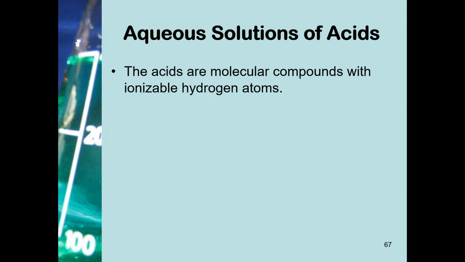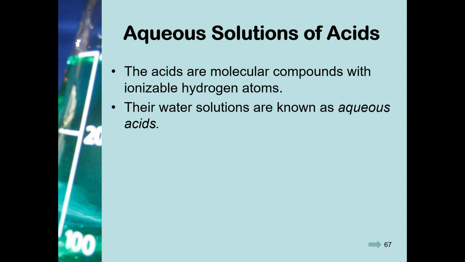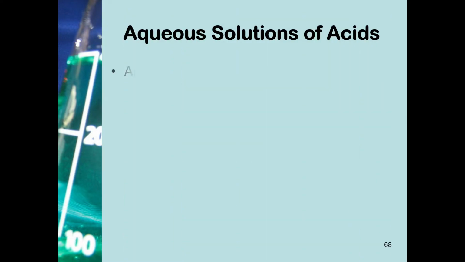Acids are molecular compounds, so they aren't made up of ions, but they do ionize, and the hydrogens that they have in their formula will become ions. And so their water solutions are known as aqueous acids. That's the way we describe them. So if we're talking about an acid, we usually mean it's aqueous, meaning it's been dissolved in water.